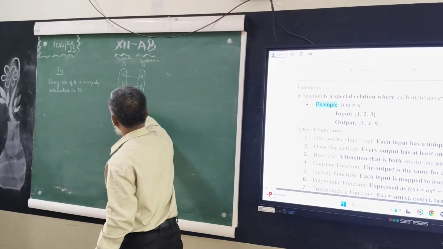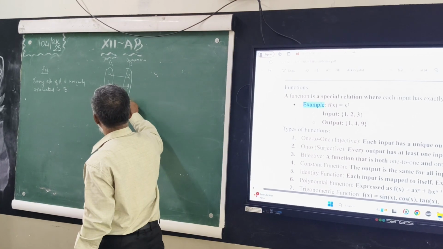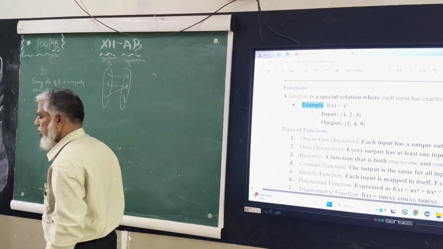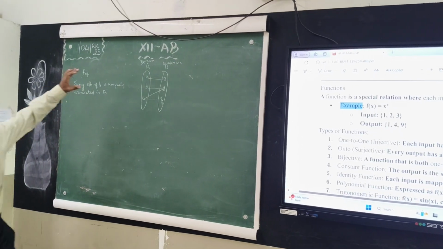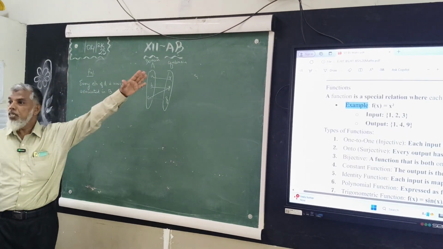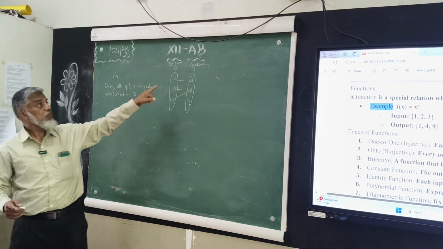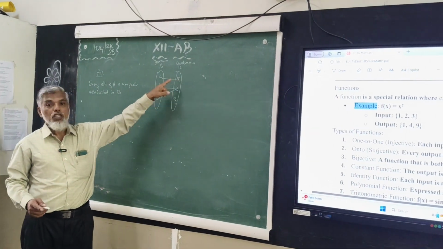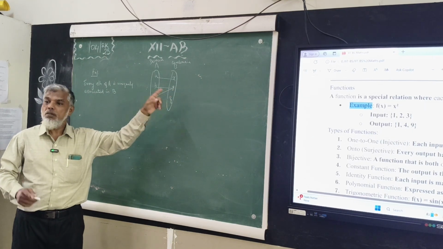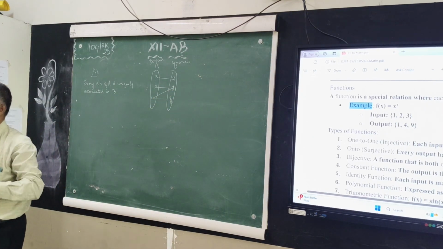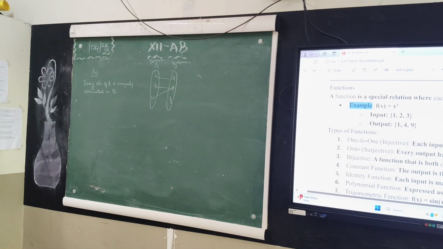Now I slightly change this. Is it a function? Yes, because every element of A is uniquely associated. If you give A, the output is X. If you give B, the output is Y. If you give C, the output is Y. Therefore, it is a function.